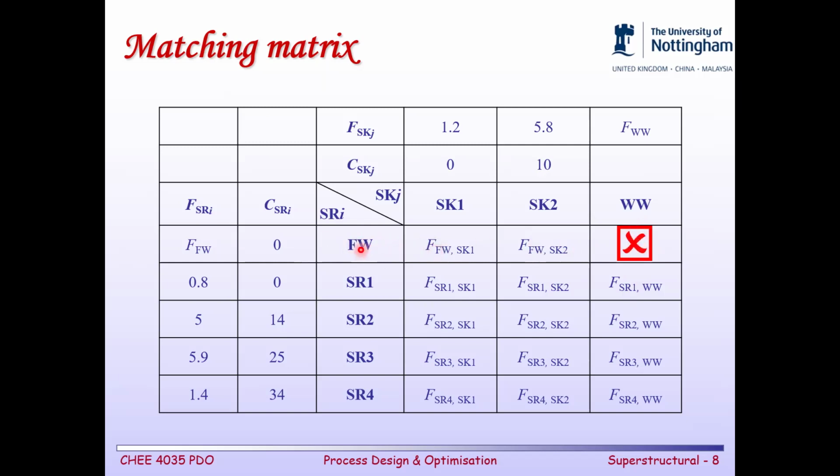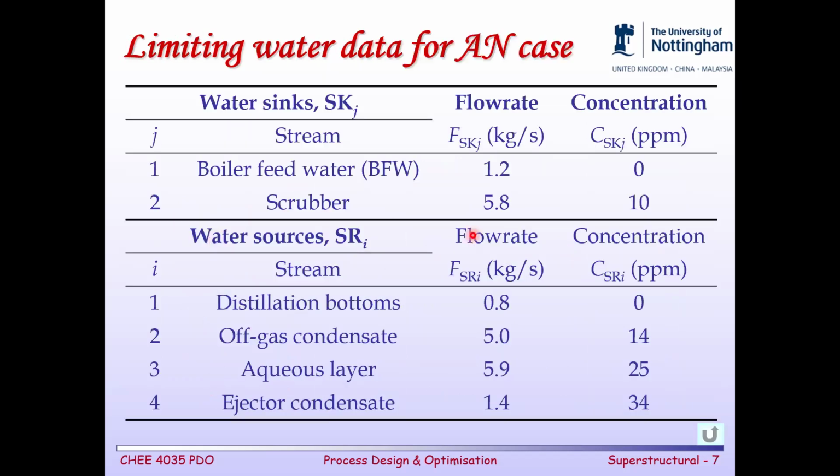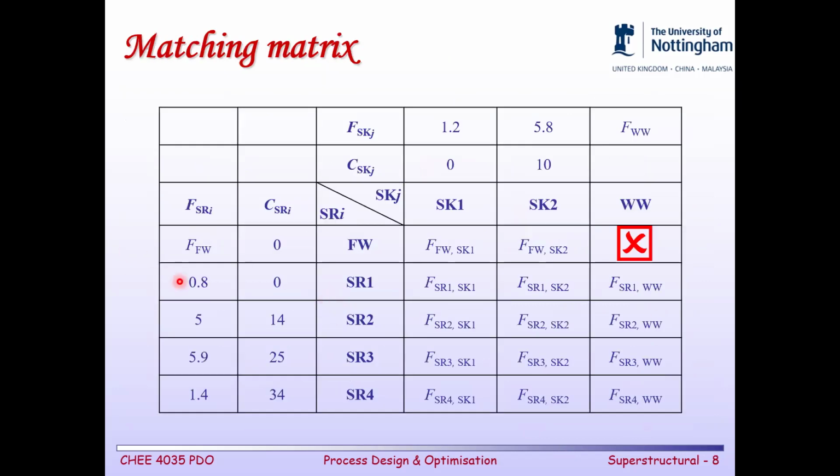Okay. And then the first thing that we do is to fill out this tabular data with the data that we have from the process flow diagram. I skipped the part wherein we obtain this data from the process flow diagram. Just refer to the lecture on water recovery networks.